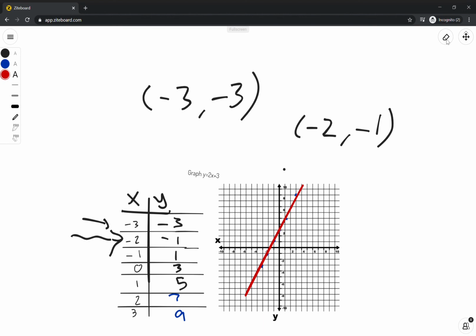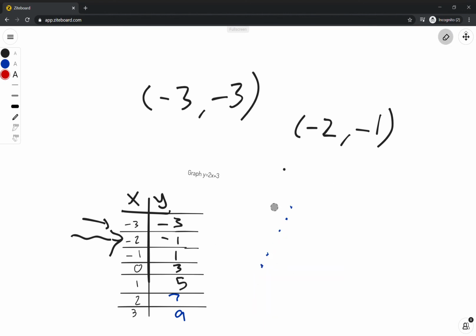Now, you may observe some patterns here. What do you notice about each subsequent value? You may notice that they increase by 2 every time, right? -3 to -1 is an increase of 2, right?